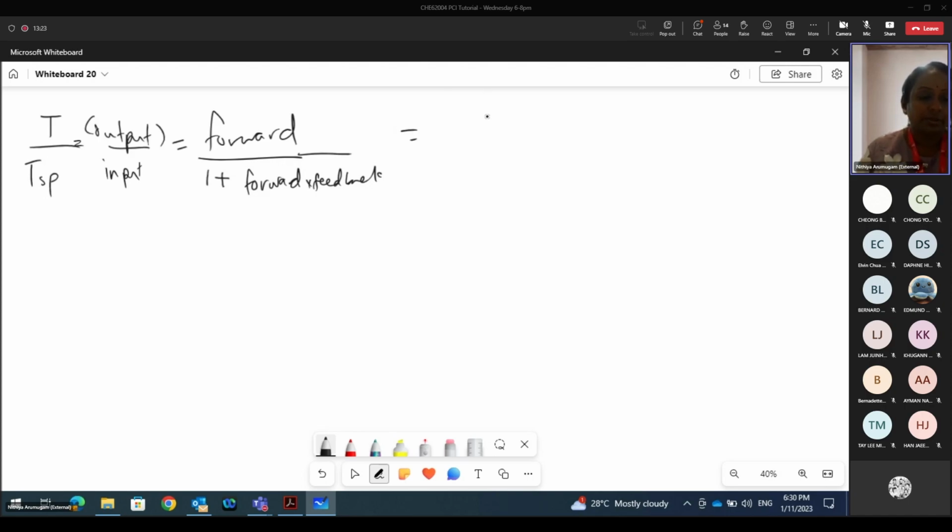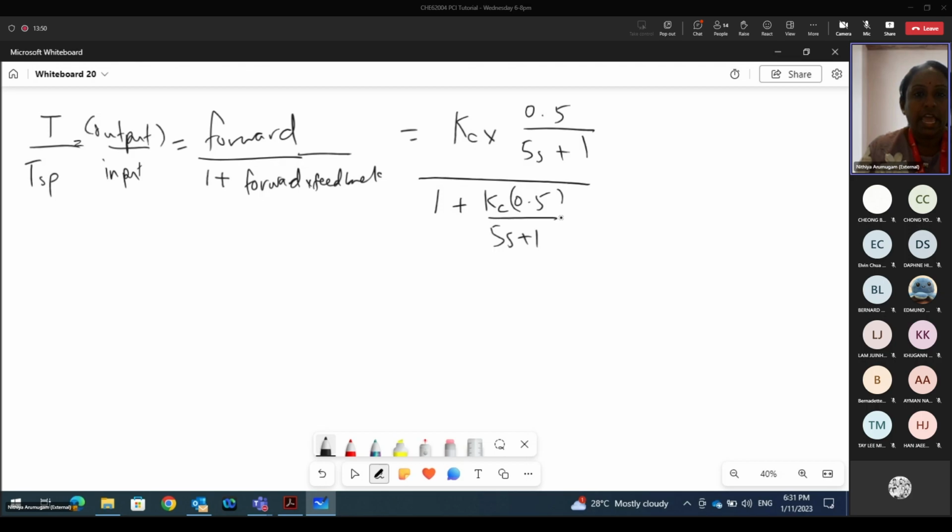Now for the forward portion, if you notice the diagram I drew just now, we have a Kc times the valve transfer function, which is 0.5 over 5s plus 1. And for the input, we have 1 plus the forward, the above mentioned 0.5 over 5s plus 1, and the feedback will be equal to 1, in which T measured over the T actual is 1.